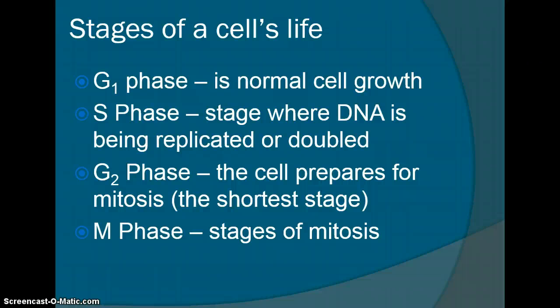Remember how we discussed what cell division is: the DNA is replicated, and in the S phase, that's where it's actually taking place. In the G2 phase, the cell prepares for mitosis, which is the shortest stage, but it's basically getting ready for that division. And the M phase is what we would call the stages of mitosis.